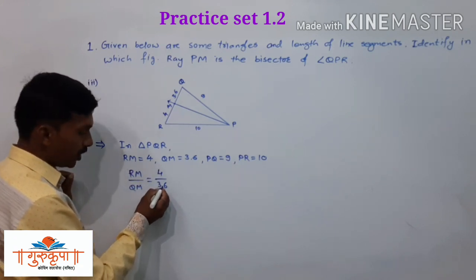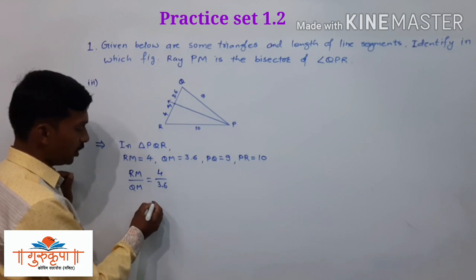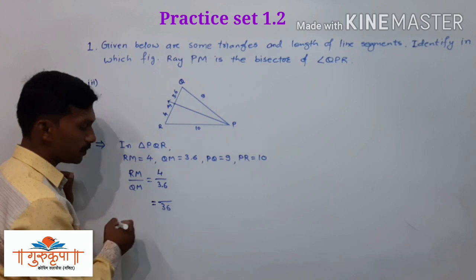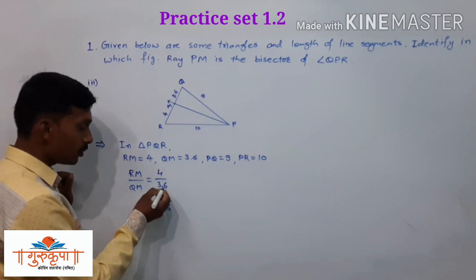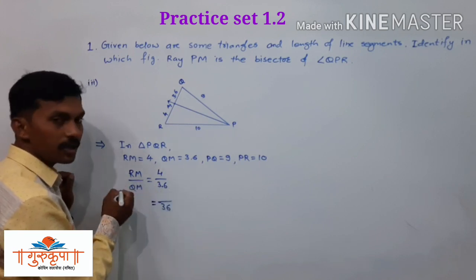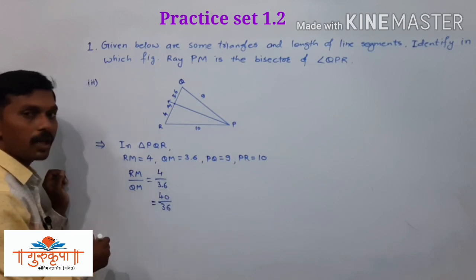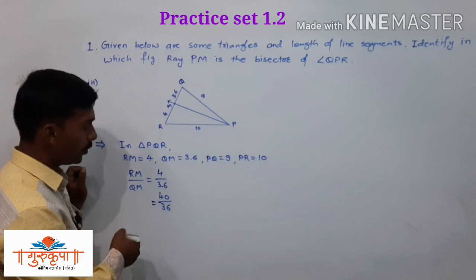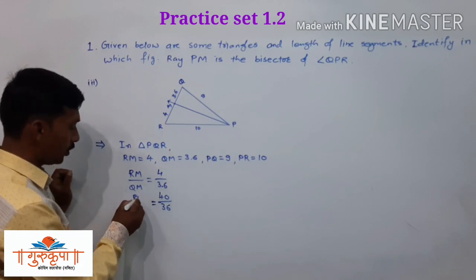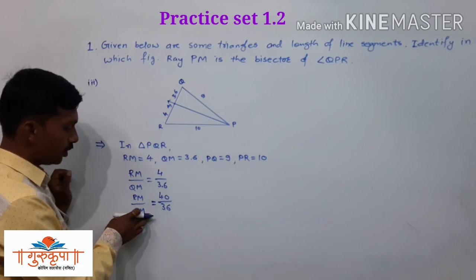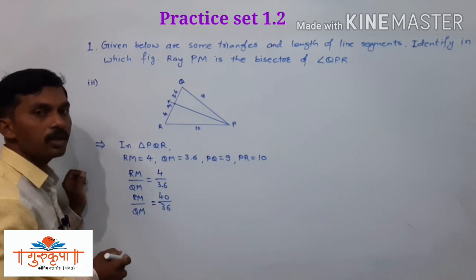While removing the decimal sign from the denominator, we get 36 there. But since we remove the decimal sign after one digit, we have to put 10 at the numerator, so we get 40 there. So this is RM upon QM as it is. RM upon QM is equal to 40 upon 36.